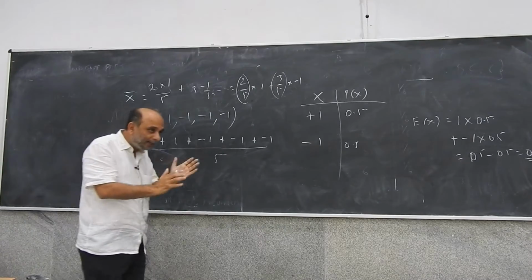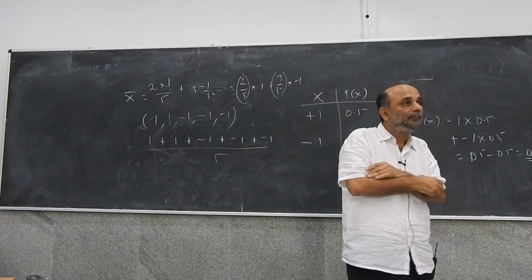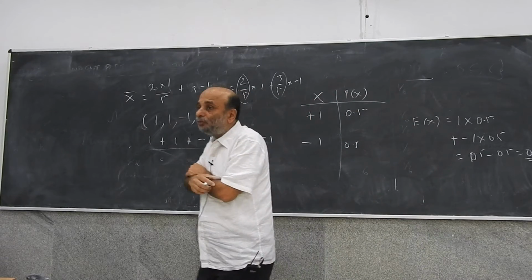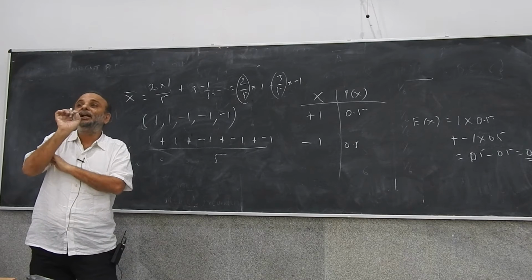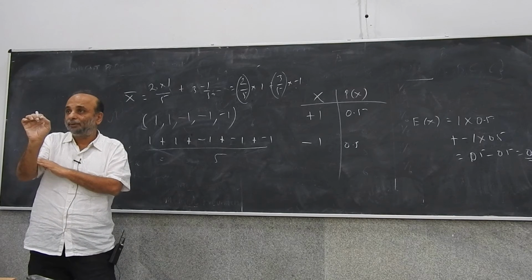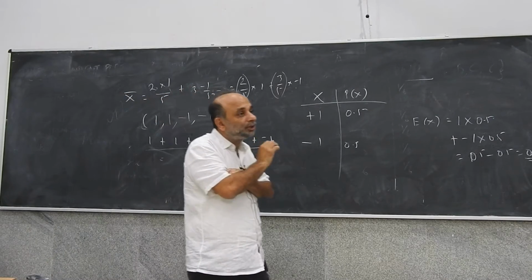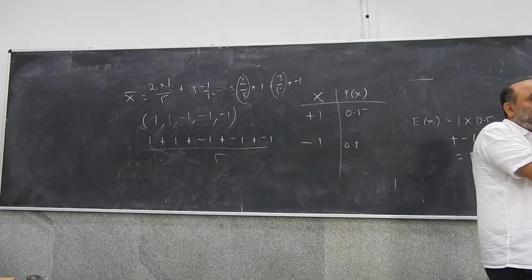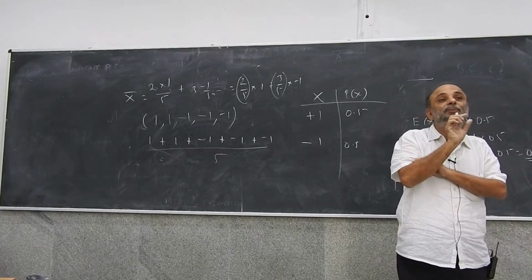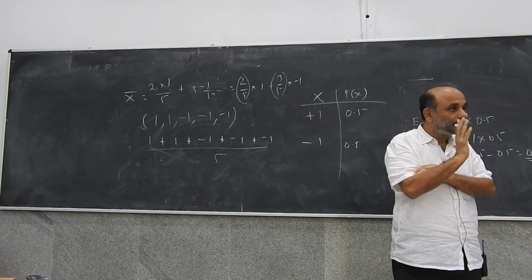The difference between x bar and expectation of x is this: when I think of x bar, I am thinking of each value of the random variable multiplied by its relative frequency and then summed. Whereas when I think of expectation of x, I think of each value of the random variable multiplied by its probability and summed. Is it clear?